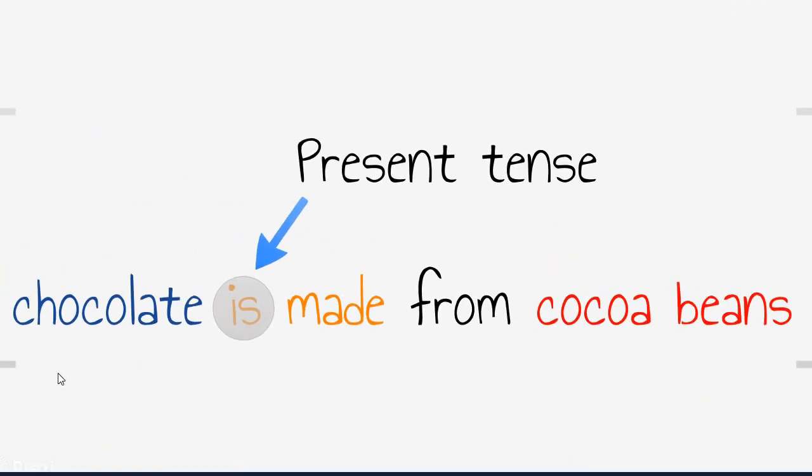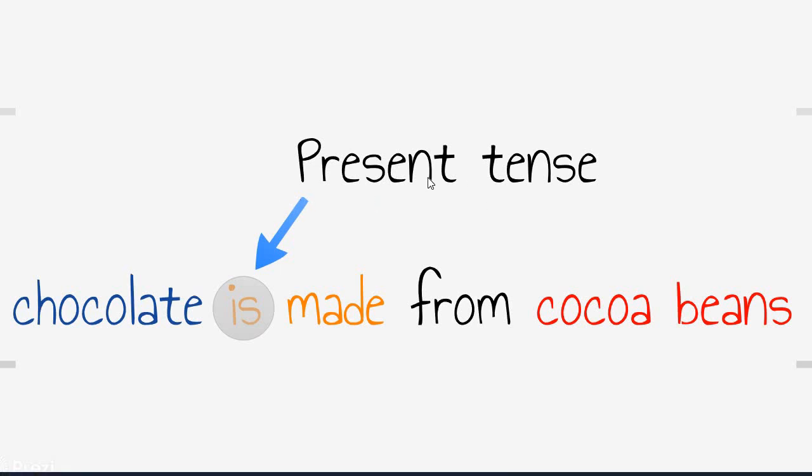So, this is the form of the passive when my verb is in the present. So look at the sentence in the active form: cocoa beans make chocolate. Look at the verb. The verb was make. Make is present.